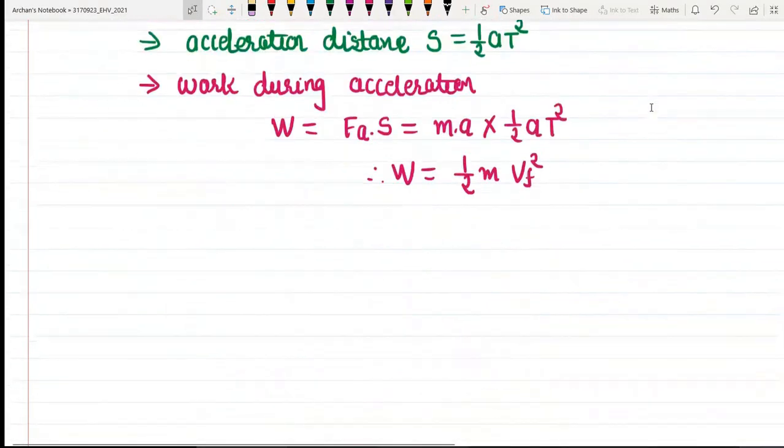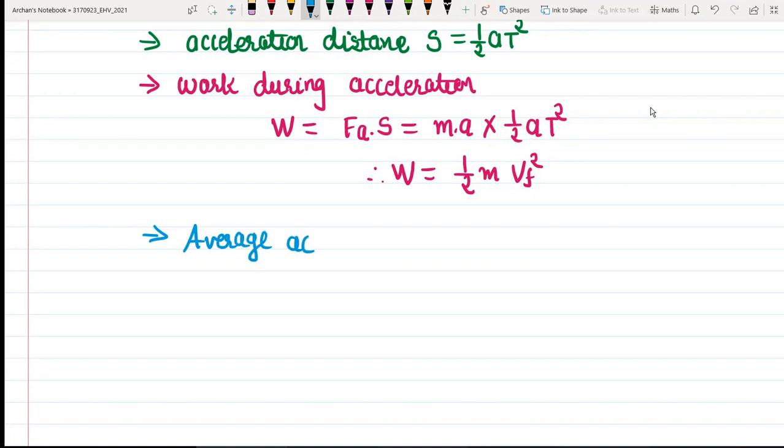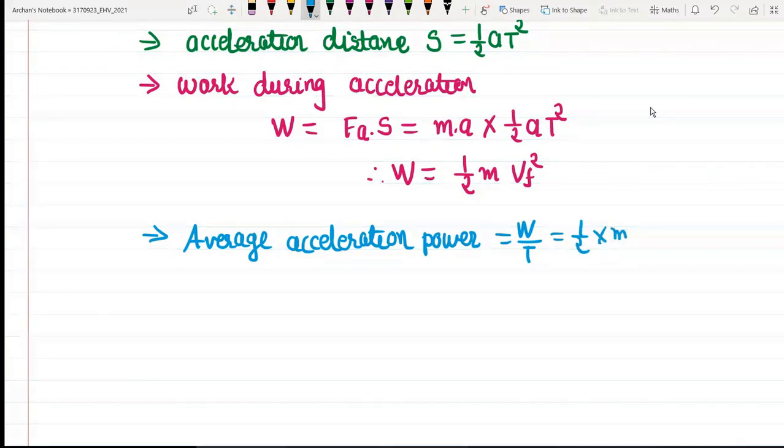The average acceleration power is nothing but the work done divided by the total time, the work per time. So it will be equal to half into m into Vf square by t.